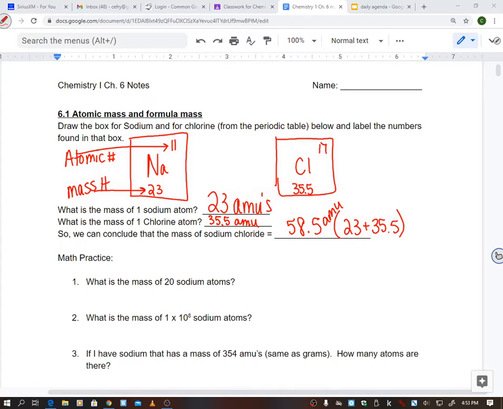So we're going to do some math practice with this. I know that one sodium is 23, one chlorine is 35.5, and when I put them together, one sodium chloride is 58.5. The math practice says, what's the mass of 20 sodium atoms? I'll look at the kids and say, we have 1 equals 23, so how much are 20?